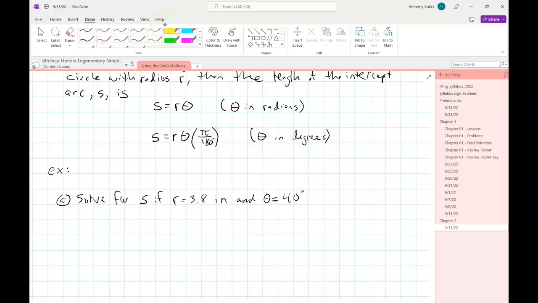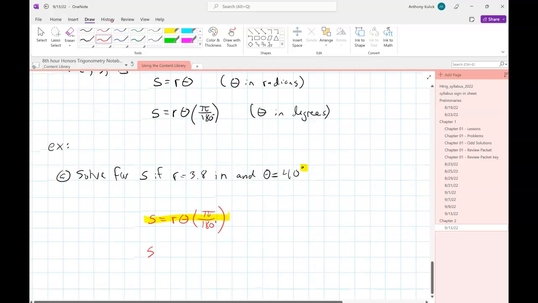First thing I need to do is look at the angle and observe the unit of measurement. In this case, my unit is degrees. So I know I have to use the degrees version of my formula. Everybody happy there?